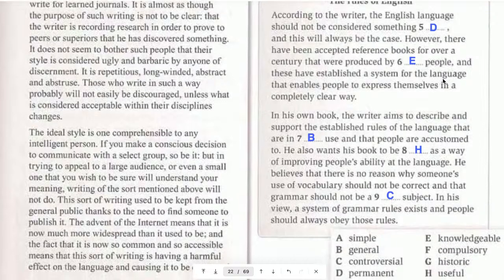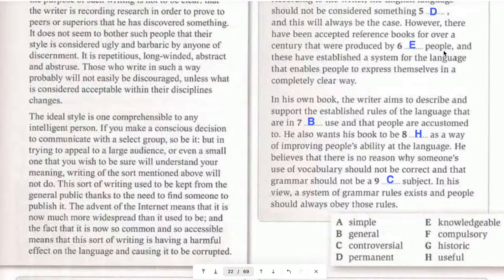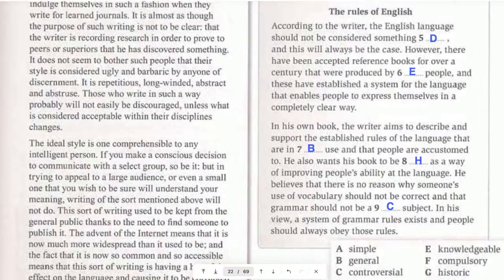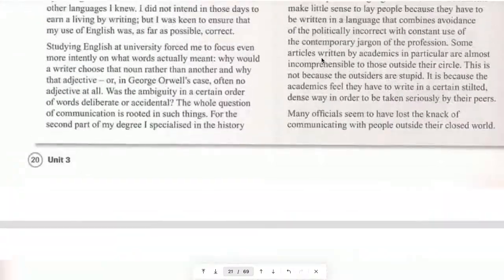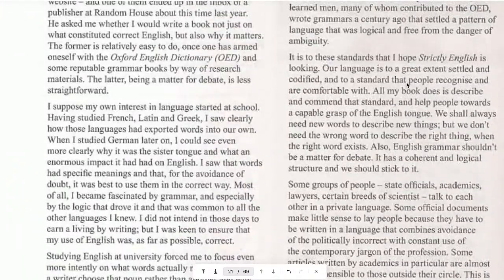Mention something like some knowledgeable people made or produced some accepted reference books. Okay, where can we find information? Paragraph 4, line number 6 from the bottom.